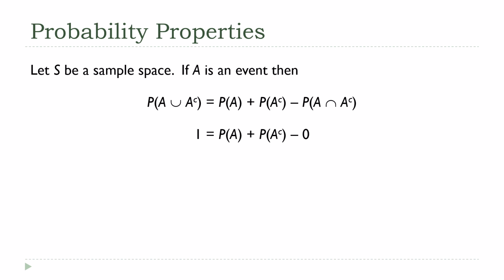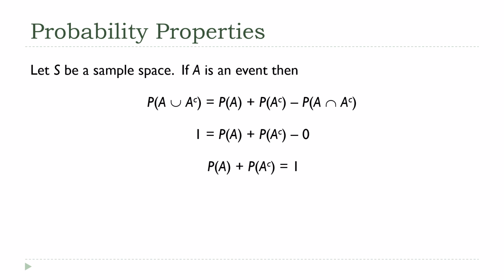Okay, so that takes care of the right-hand side there, but how about the left-hand side? A union A complement. That's the entire sample space. And again, applying our previous axioms, the probability of the sample space is 1. So my whole equation there turns into 1 equals the probability of A plus the probability of the complement of A minus 0. And that's our next property.